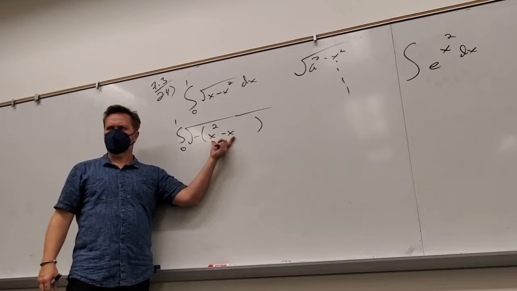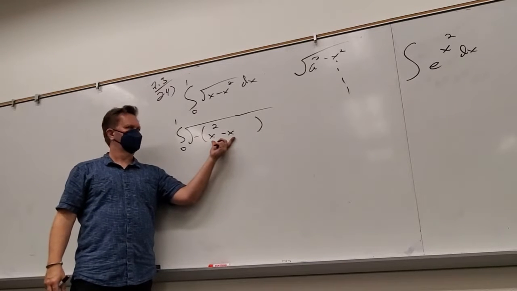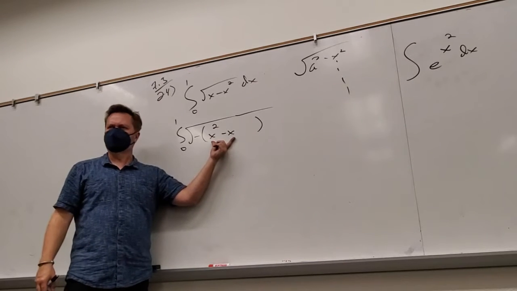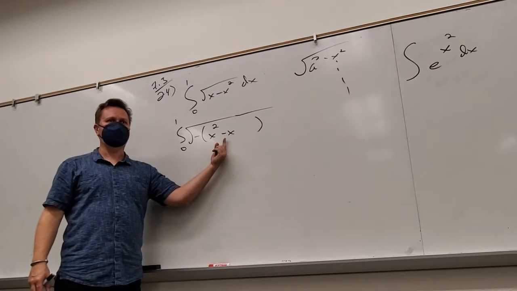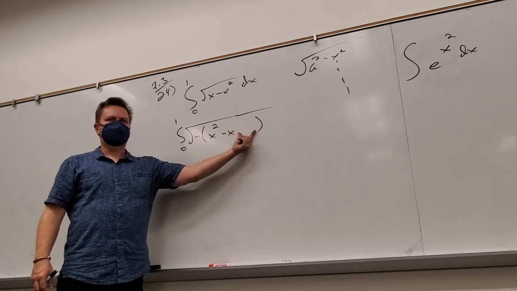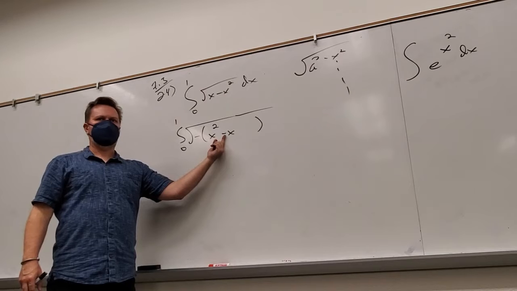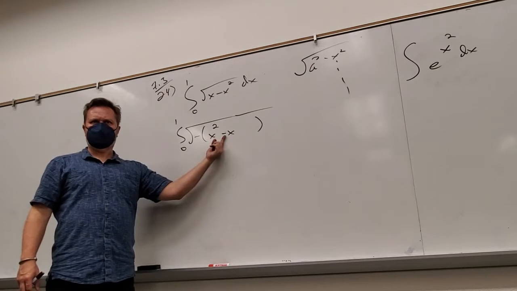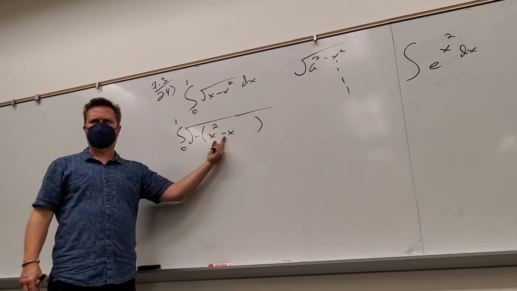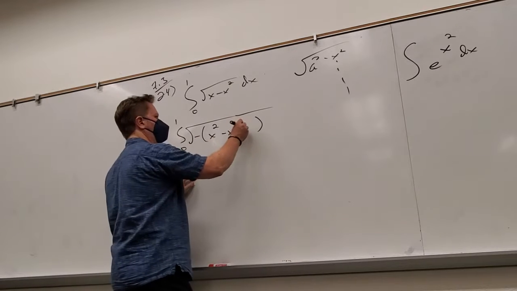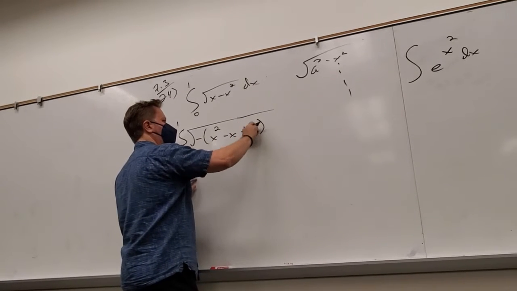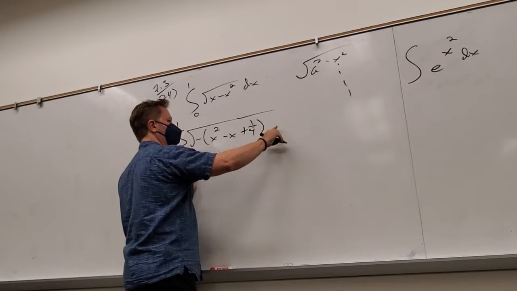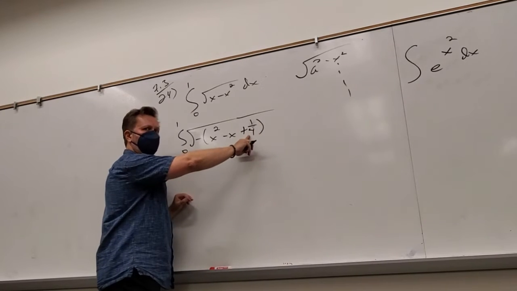You're all in Calc 2. When fractions show up, you should not be fearful, because they're going to show up immediately, right? What do I need to add to this? Half of this, right? Negative 1/2, and squared, 1/4. So I've got to add 1/4. At the same time, I better do what? Did I actually just add 1/4?